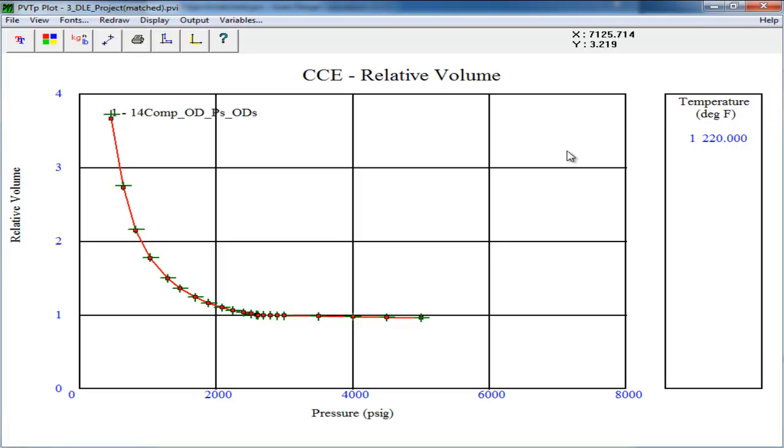As long as you have an average absolute error less than 1% for relative volume from CCE, then your duty is done. For oil compressibility, an error of about 10% is acceptable due to the limitation of the equation or due to the lab measurement.